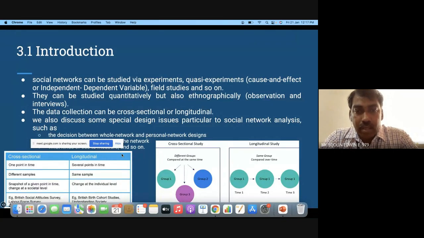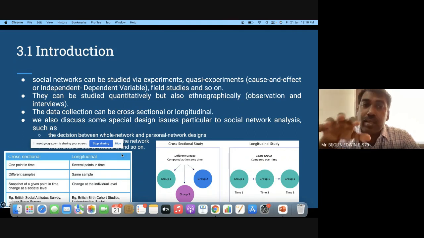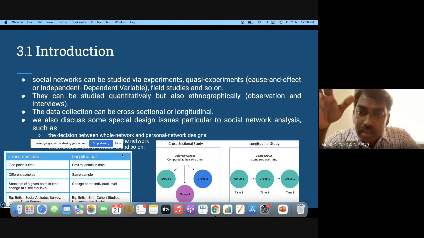The same concept: when you take a cross-sectional study, we have broad-minded, in-depth knowledge of every multi-level aspect, with group 1, group 2, and group 3. But when you take the longitudinal study, within the same group we analyze in depth, or we extract in-depth knowledge within the same group.